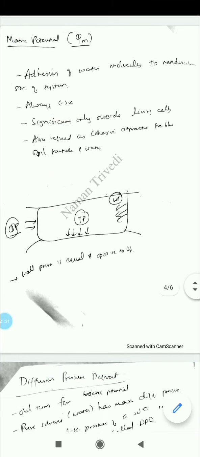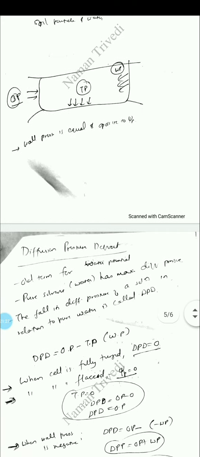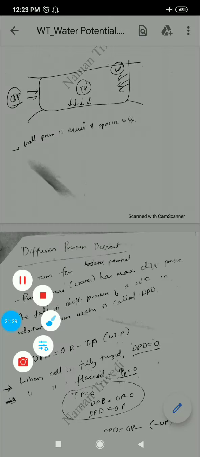Now here we have to understand a few things for a plant cell, because the questions have been asked, that is OP, TP and WP.